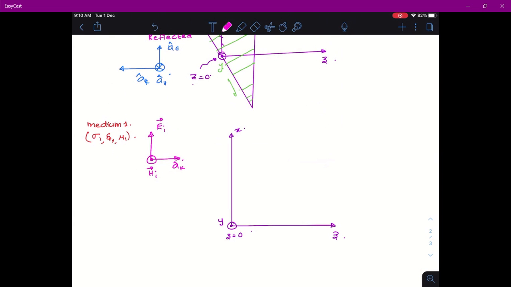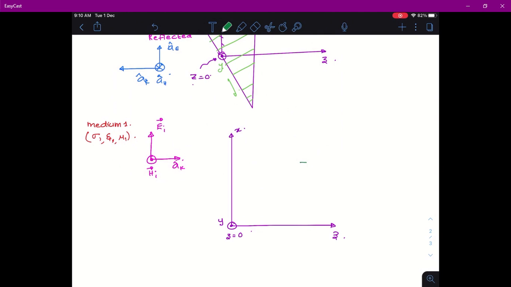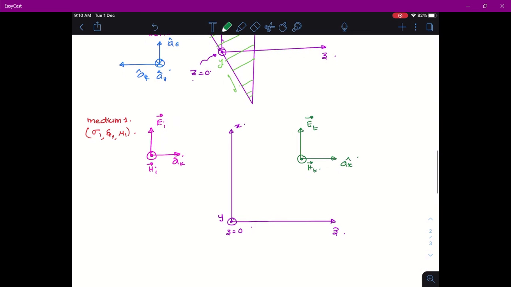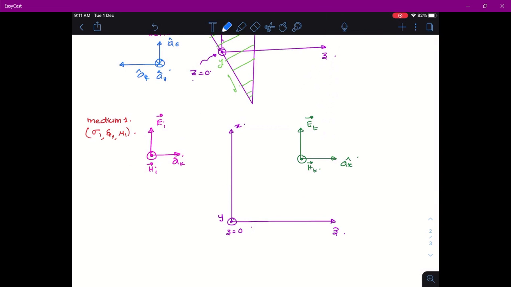Let me draw in a different color. So the transmitted wave will have a_k cap. Let's say the transmitted wave has electric field E_T, which means for transmitted, and the corresponding magnetic field H_T. Now this wave will get reflected in medium number 1.